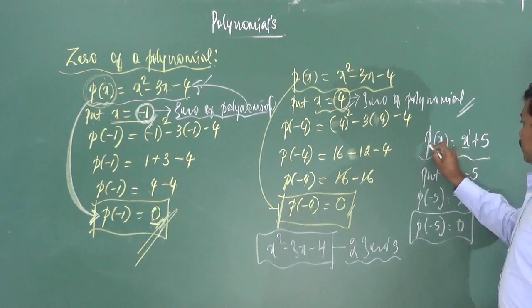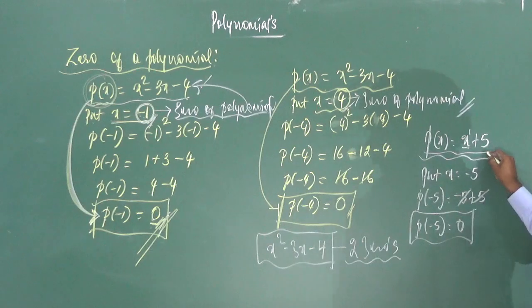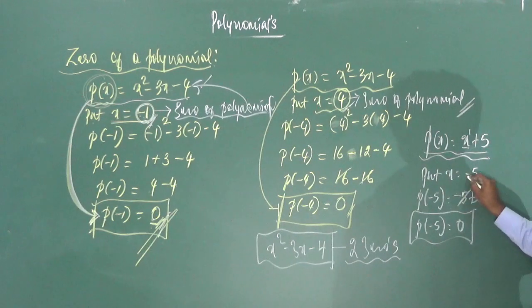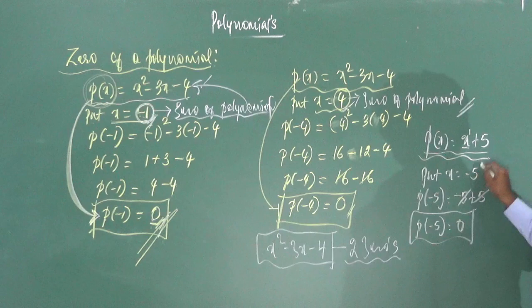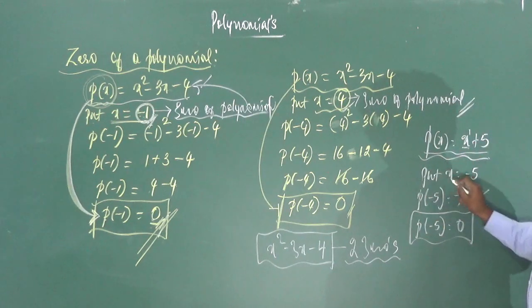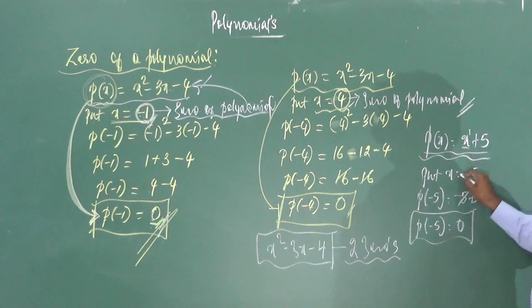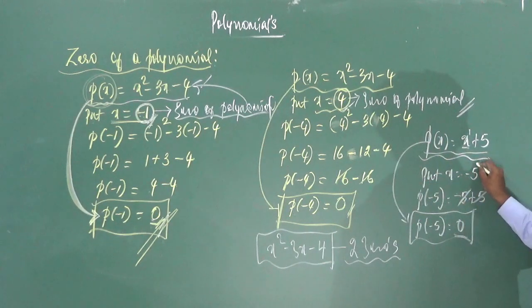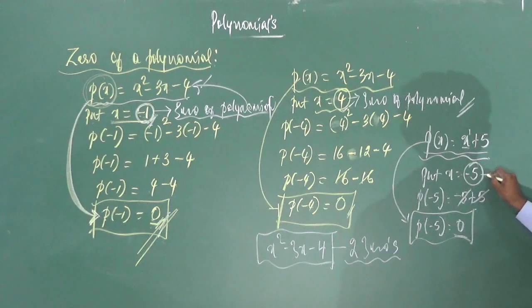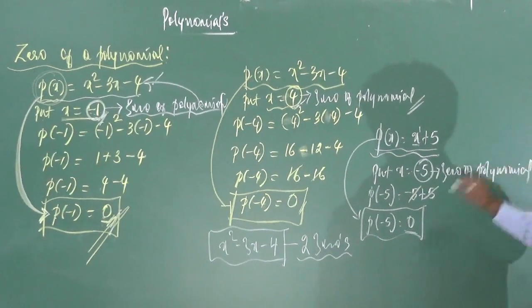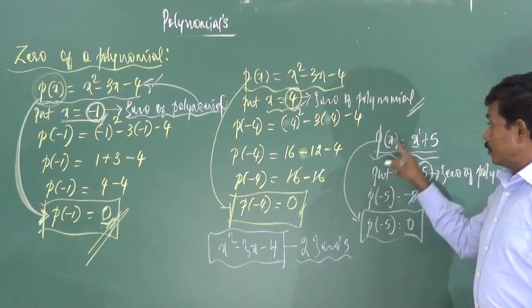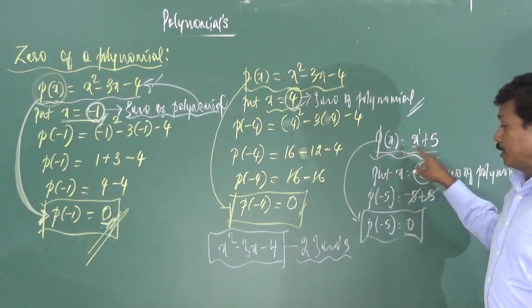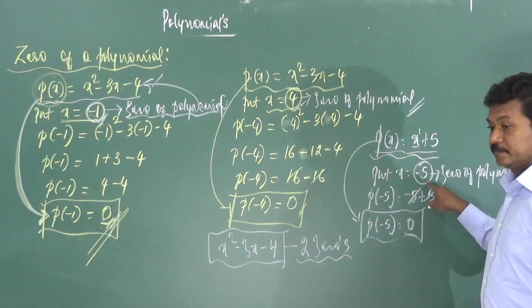So you are given a polynomial, a linear polynomial. You substituted the value x is equal to minus 5 in that. When you substituted it, x is equal to minus 5 made this polynomial p of x become equal to 0. Therefore minus 5 is the zero of the polynomial. So for this linear polynomial, how many zeros can exist?